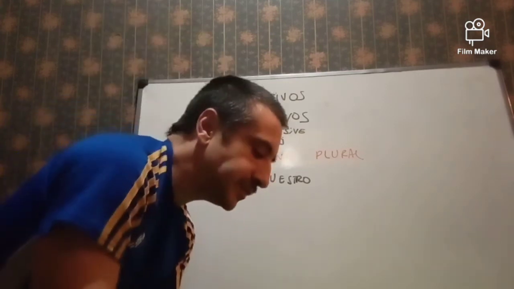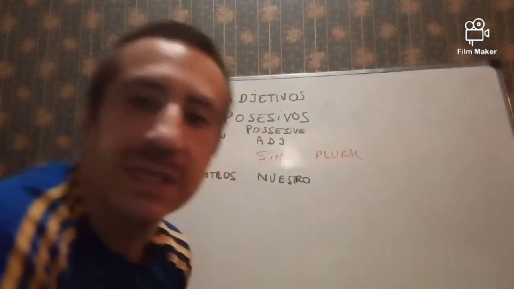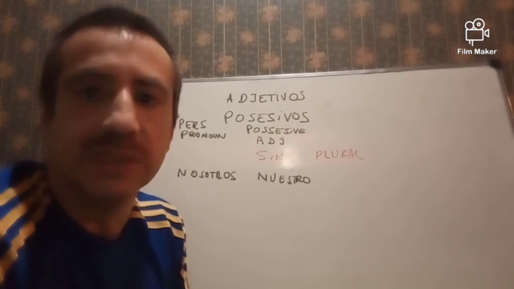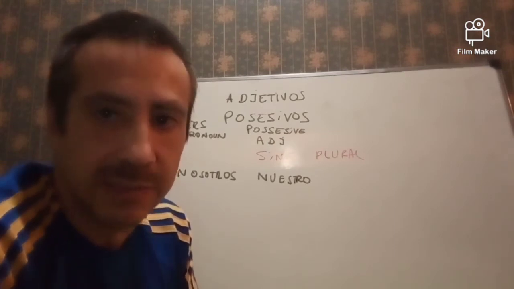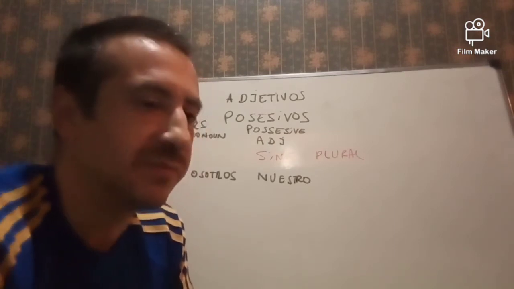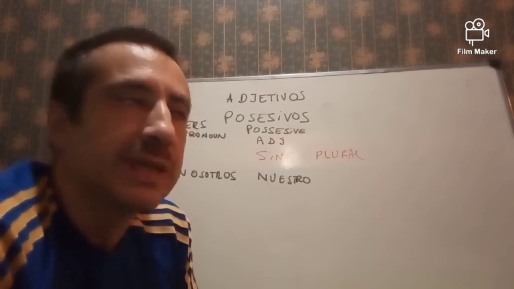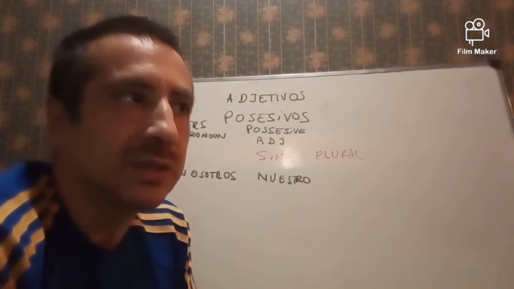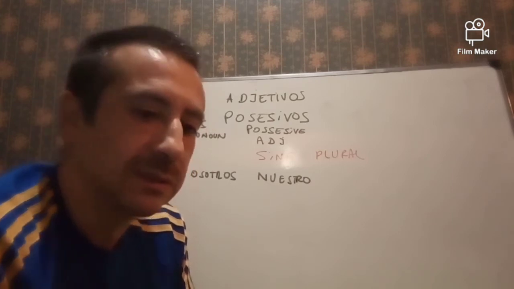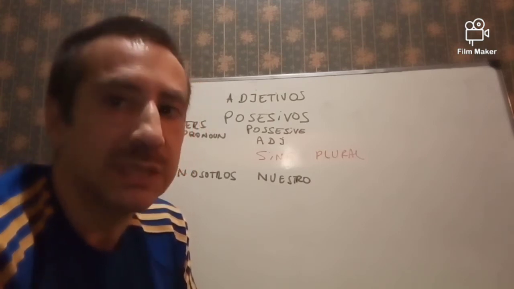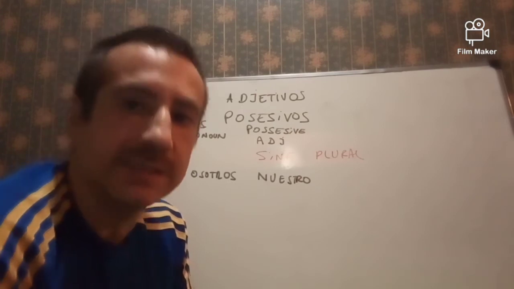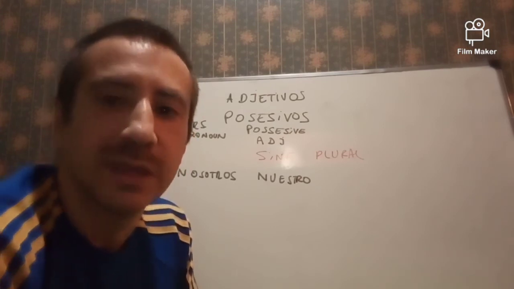but the difference in gender is different from that in English. To make a comparison, in English, you say his and her according to whether the subject is a man, his, or a woman, her.